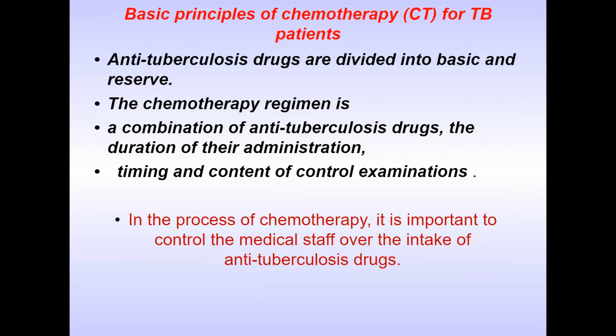Basic principle of chemotherapy. Antituberculosis drugs are divided into basic and reserve. The chemotherapy regimen is a combination of antituberculosis drugs, the duration of administration, and the timing and conduct of control examinations. In the process of chemotherapy, it is important that medical staff control the intake of antituberculosis drugs.